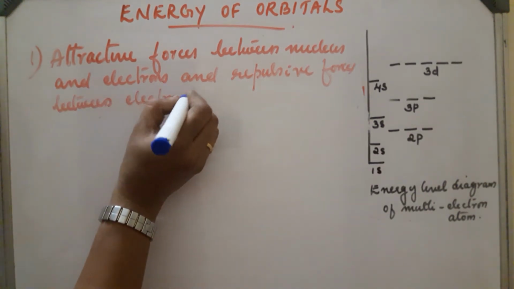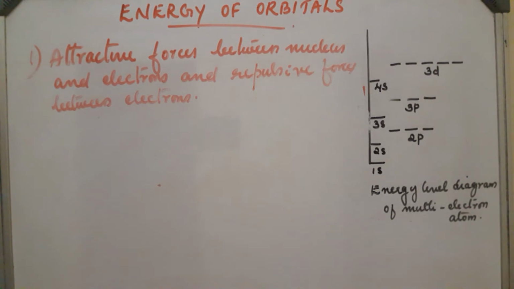So these two forces determine the stability or the energy of these atomic orbitals. When the attractive forces are more than the repulsive forces, that atomic orbital has less energy, or it is more stable.